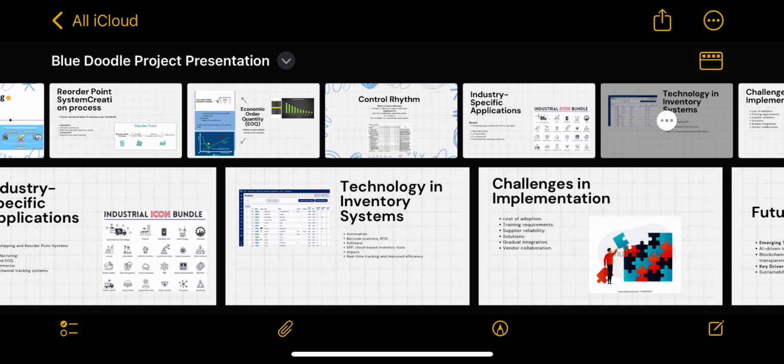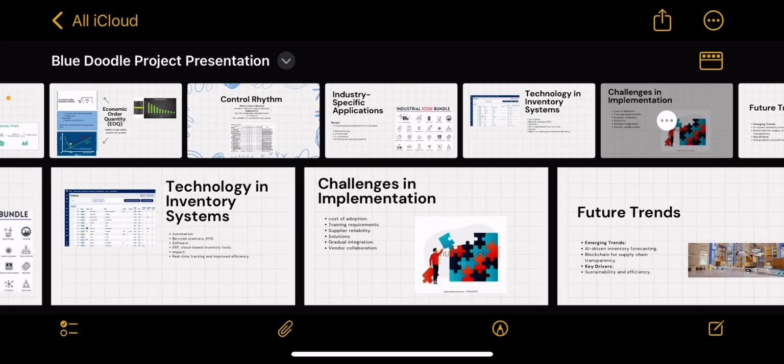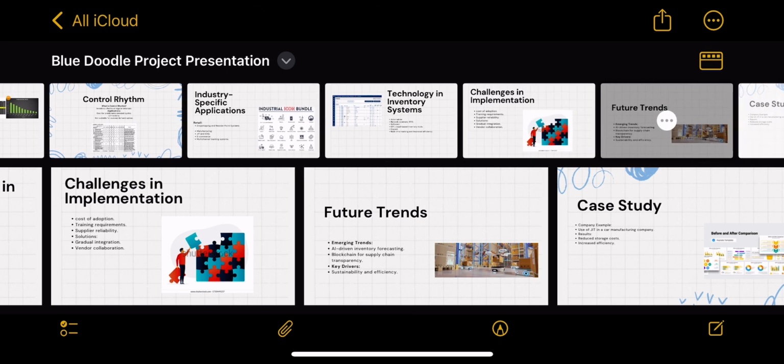Challenges in implementation. Well, we have common issues in implementing those, for example, cost of adoption, training requirements, and supplier reliability. But we can analyze this and apply it in a case study.